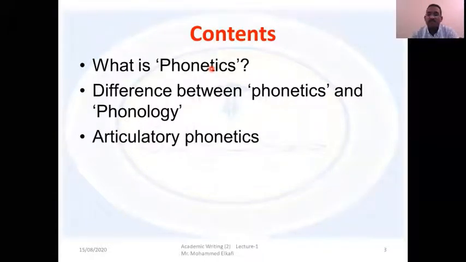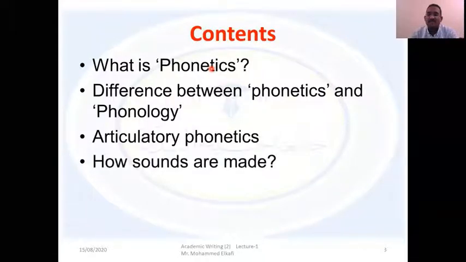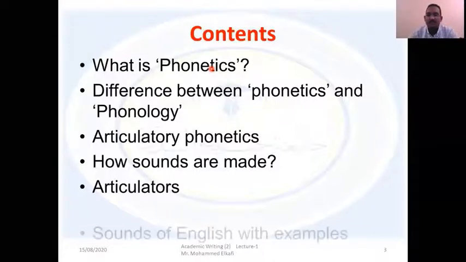Also, we'll cover articulatory phonetics, and how sounds are made, besides covering the articulators or the organs of speech that participate in speech production.